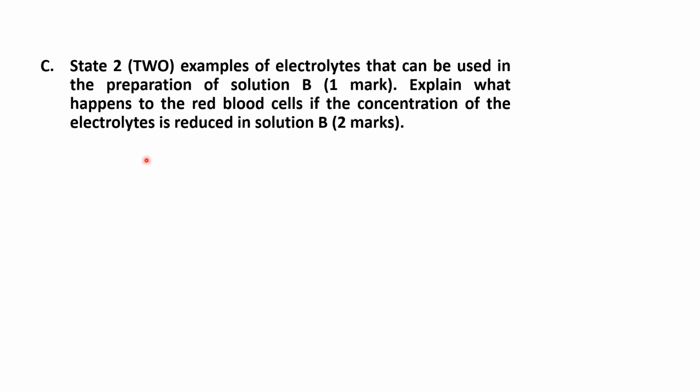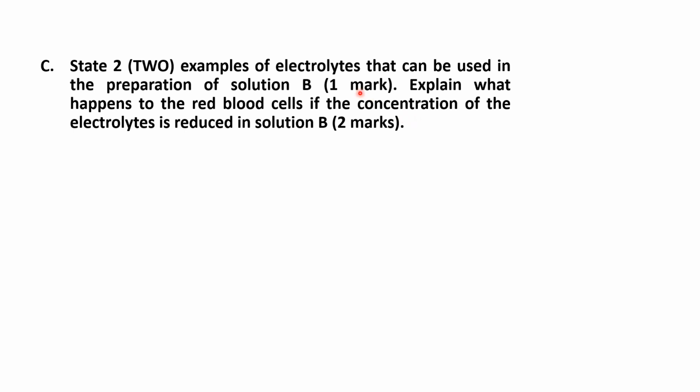Right, so for the next question, state 2 examples of electrolytes that can be used in the preparation of solution B. This carries 1 mark. Explain what happens to the red blood cell if the concentration of the electrolytes is reduced in solution B. So a total of 3 marks.